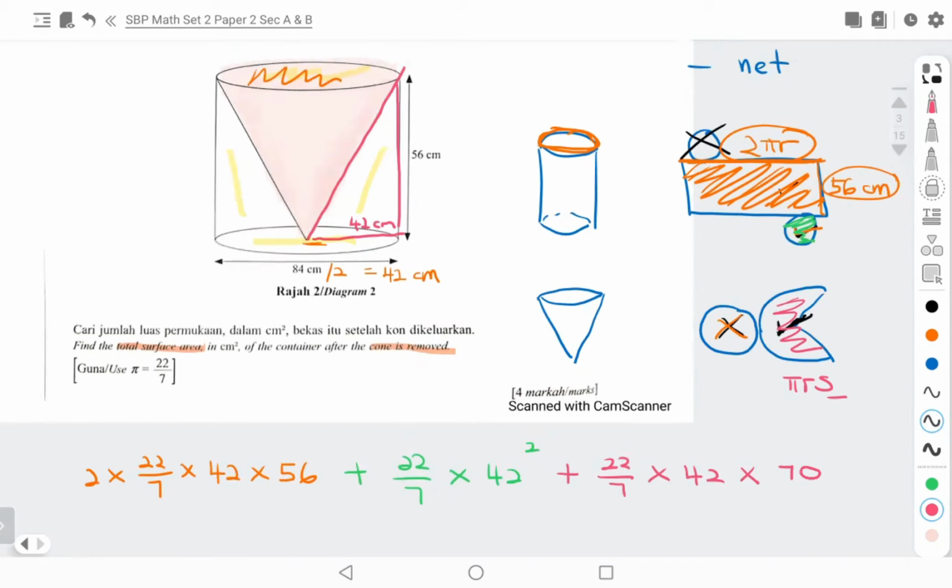Then you total up the three surface areas, and you get the answer. The answer is 29,568. Yeah, we can double check.